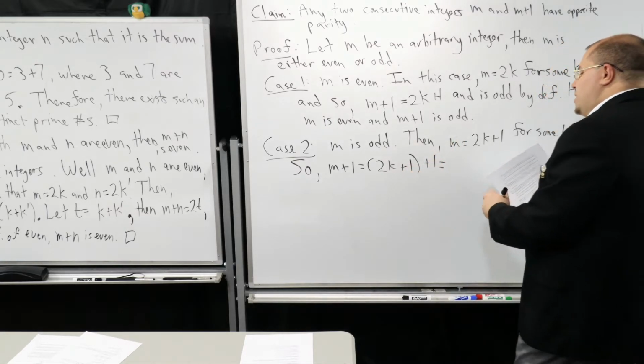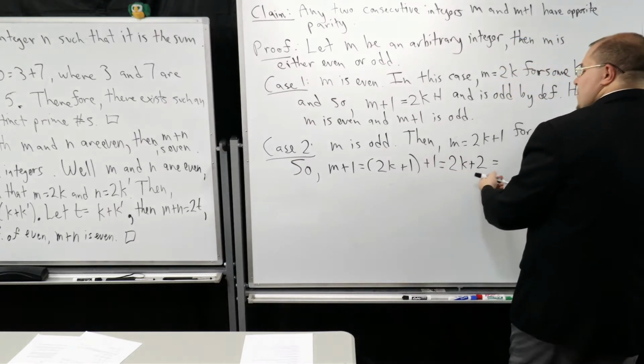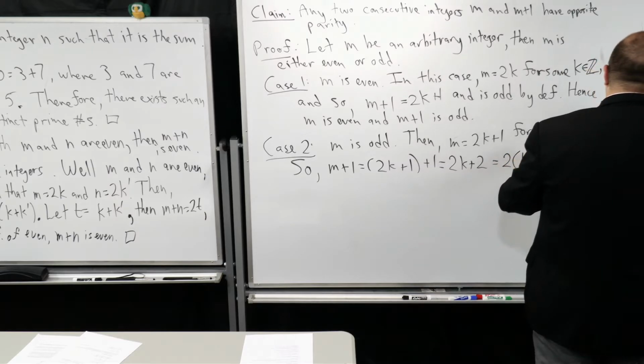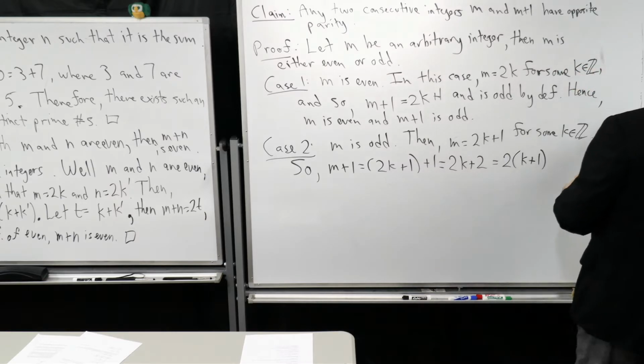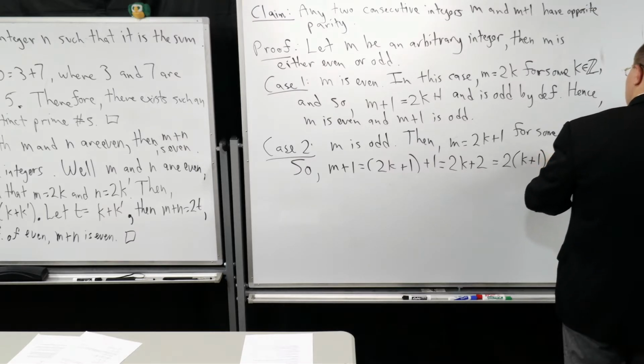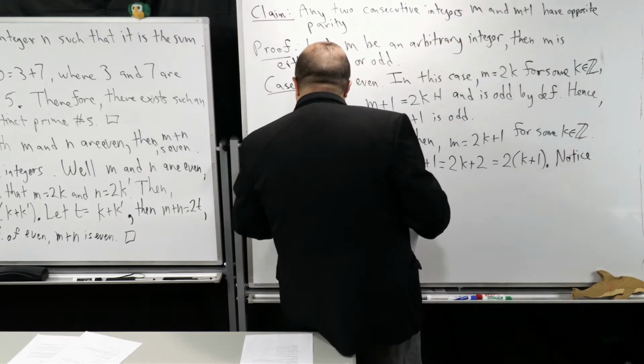2k plus 2. You'll notice there's a common factor of 2 here. So I'm going to factor that out. I end up with 2 times (k plus 1). Notice k plus 1 is an integer.